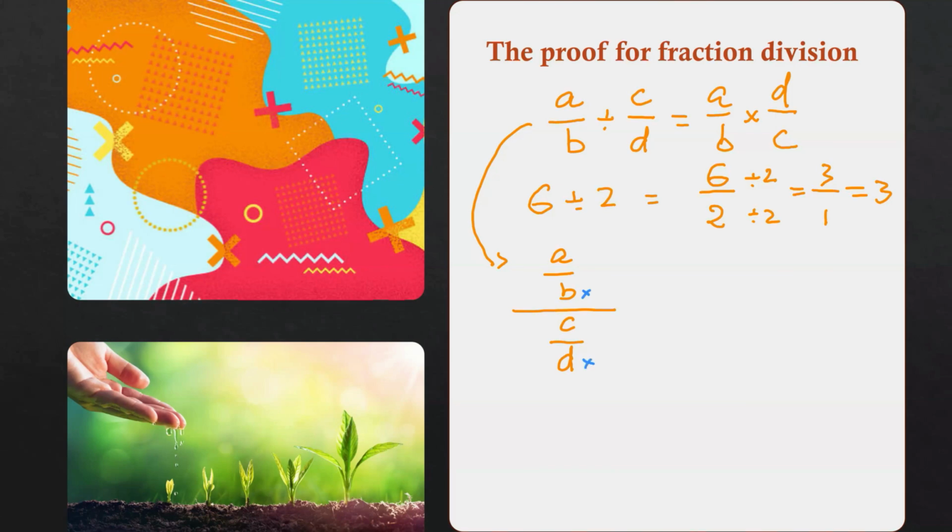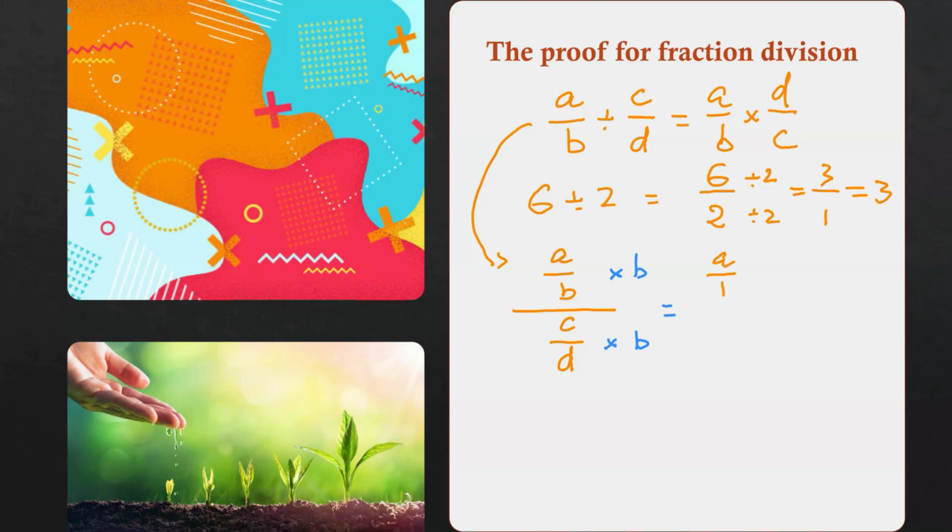Now, how are we going to do that? To get rid of the b, we can create an equivalent fraction. So we'll times top and bottom with b. That will create an equivalent fraction.